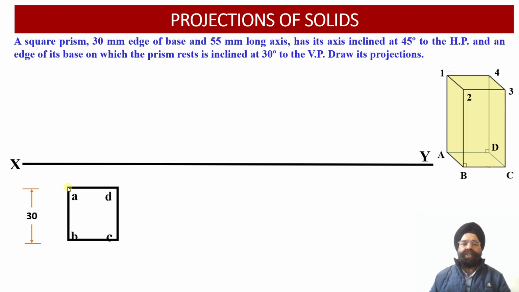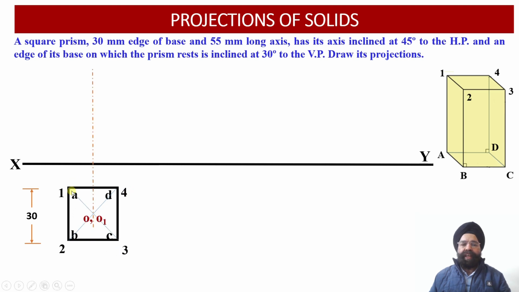The bottom face is labeled as A, B, C, D. Here we have the top view projections corresponding to the base of the square prism as A, B, C and D. The top face of the square prism is marked as 1, 2, 3 and 4. Now we have to evaluate the axis of this prism.